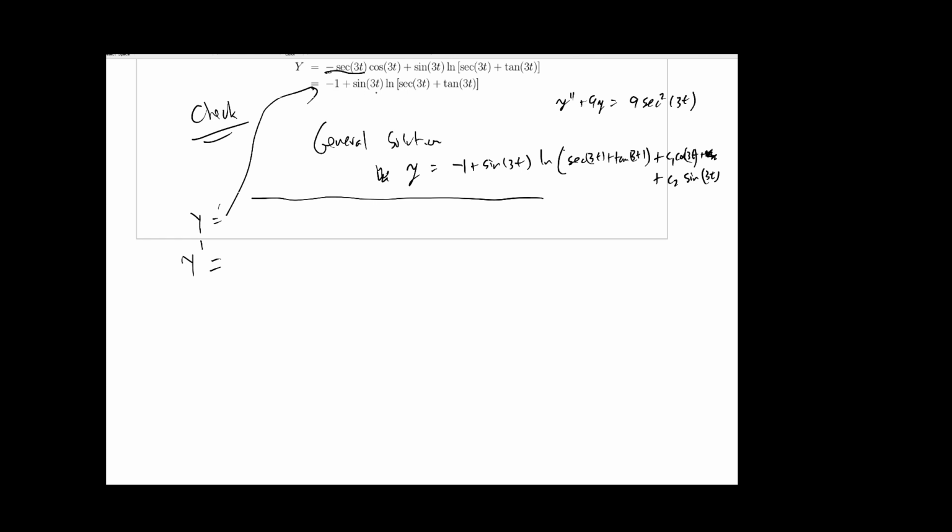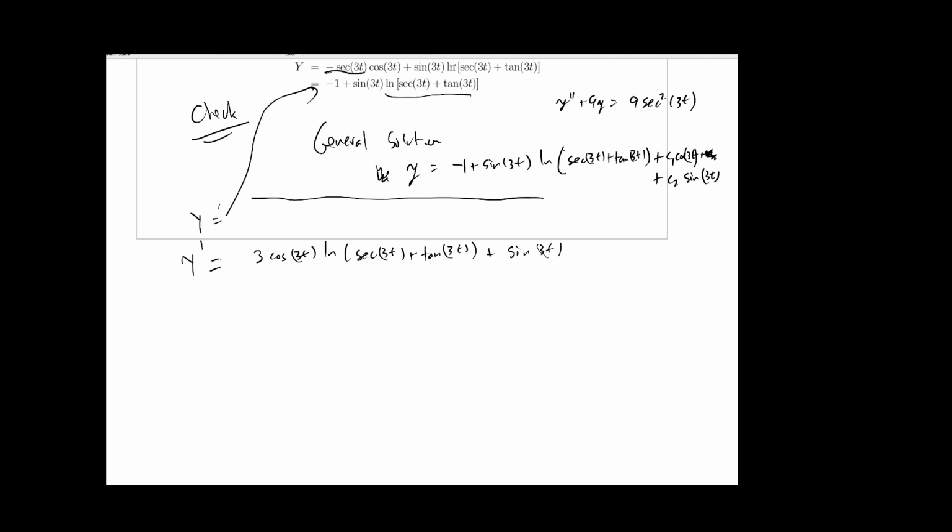We use the product rule to say we take the derivative of sine 3t, which is 3 cosine of 3t, times the second factor, which is natural log of secant 3t plus tangent 3t, plus, by the product rule, we have sine 3t times the derivative of this second factor.